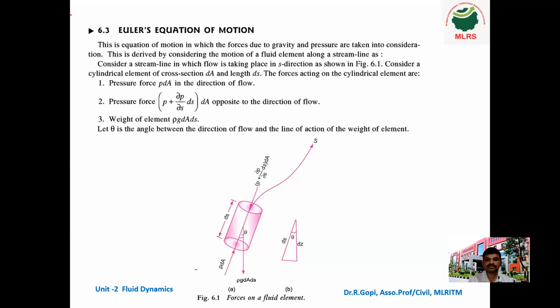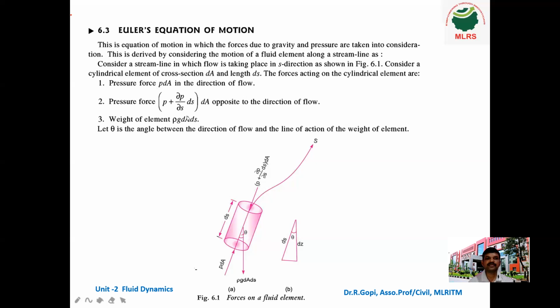So what is the formula? Rho into G multiplied by the volume, the volume of this element. Rho G dA ds is the weight of the element.